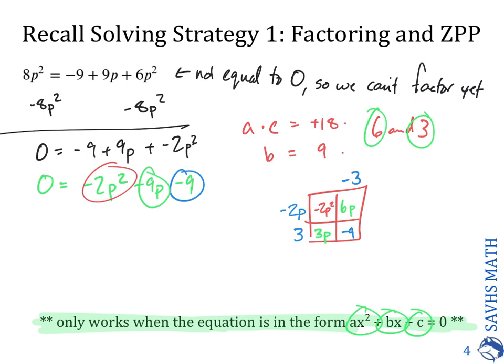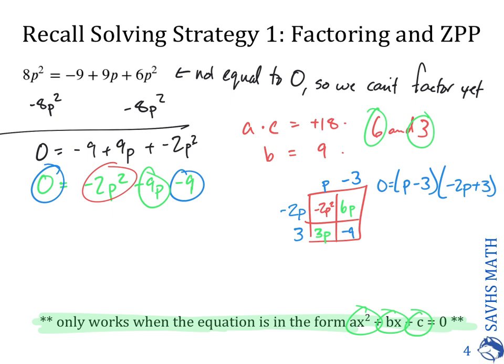And then what am I left with? I'm left with just p here. So my factoring looks like this: p minus 3 times negative 2p plus 3 equals 0, because it was equal to 0 here.